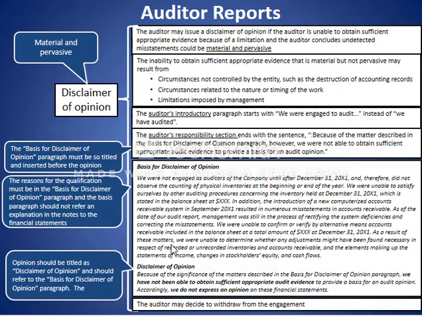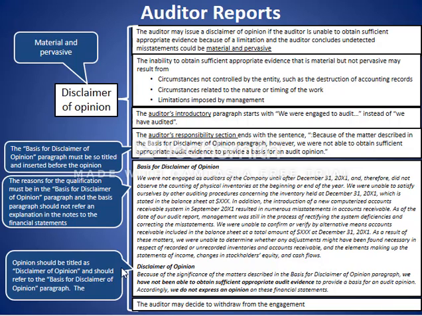As a result of these matters, we were unable to determine whether any adjustments might have been found necessary in respect of recorded or unrecorded inventories and accounts receivable and the elements making up the statements of income, changes in stockholders' equity, and cash flows. Okay, now we get to the disclaimer of opinion paragraph.